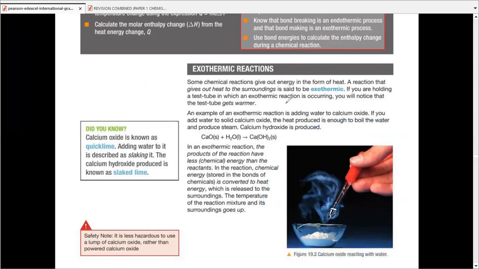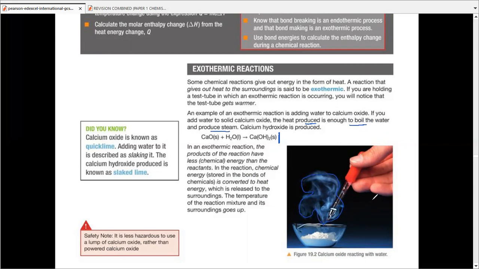Now, holding a test tube in which an exothermic reaction is occurring, you would notice the test tube gets warmer. An example of an exothermic reaction is adding water to calcium oxide, the equation of which is written over here. You're converting a solid substance into another solid substance, but it produces so much heat that you would be amazed to know it's enough to boil water and produce steam, like you can see right in this diagram.